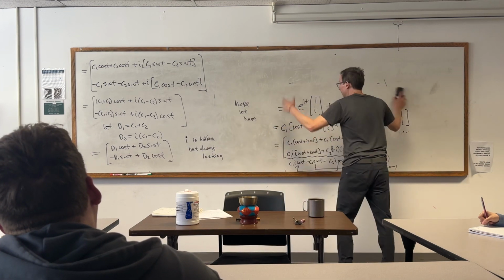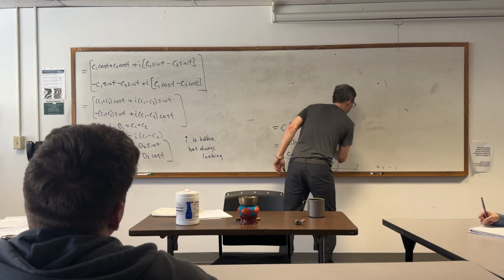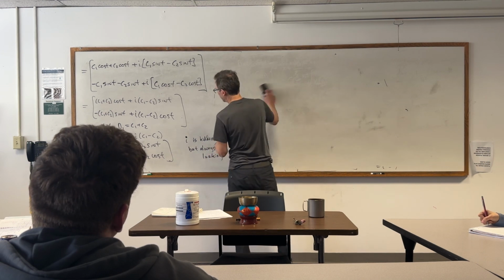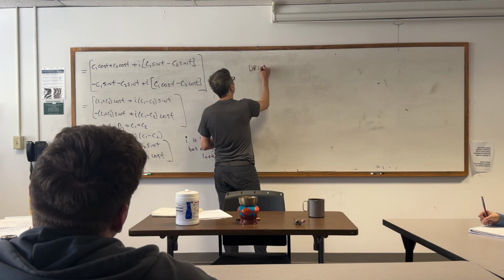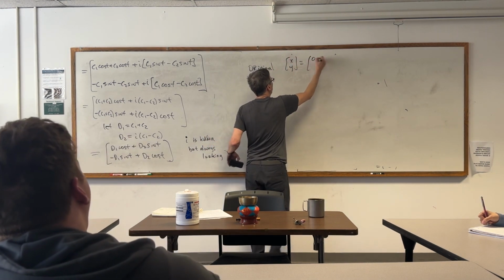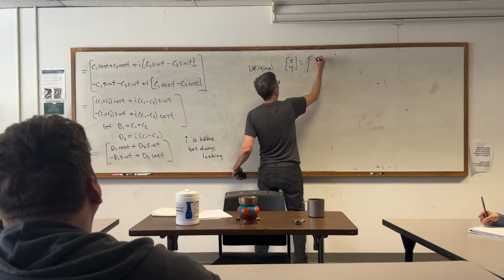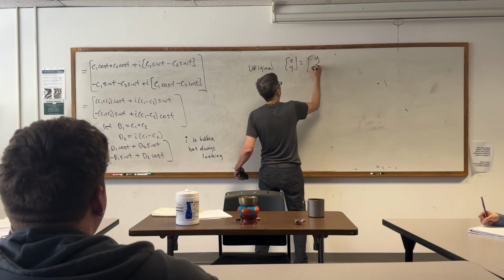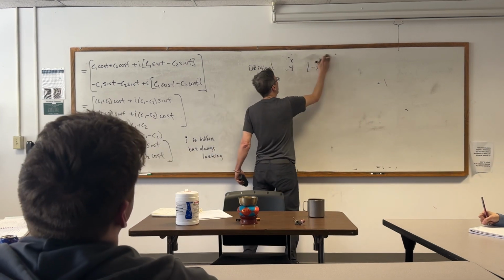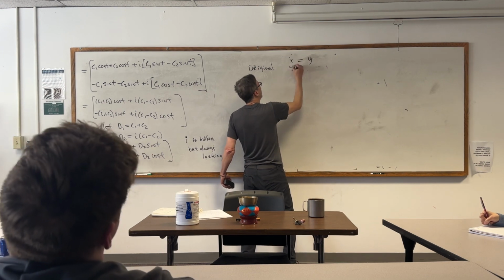All right, so now we can come back, and this is the solution to our system. So the original problem was this: x dot equals y and y dot equals minus x.